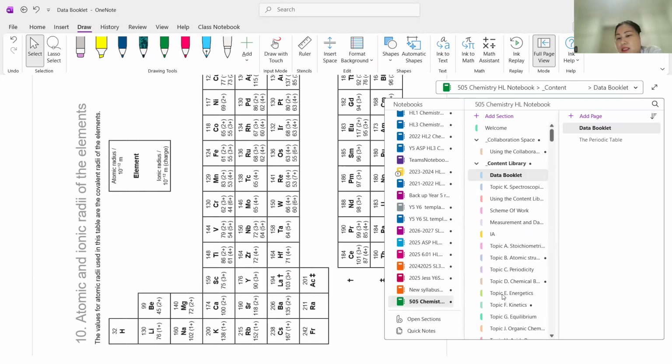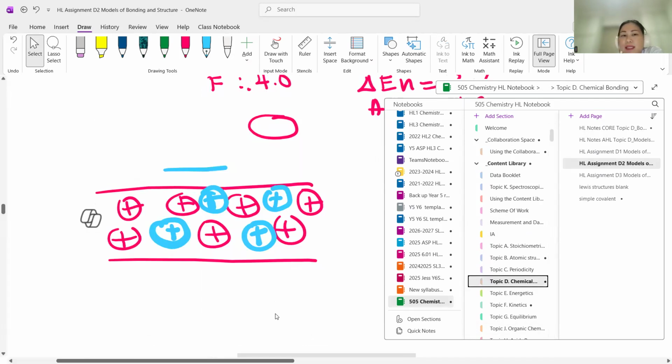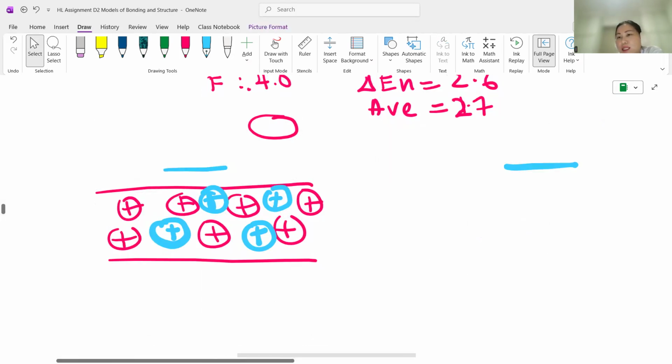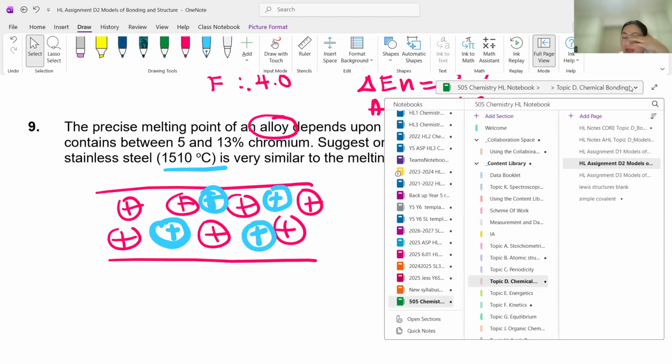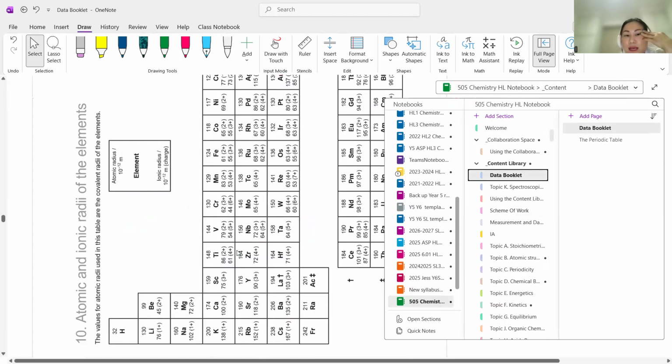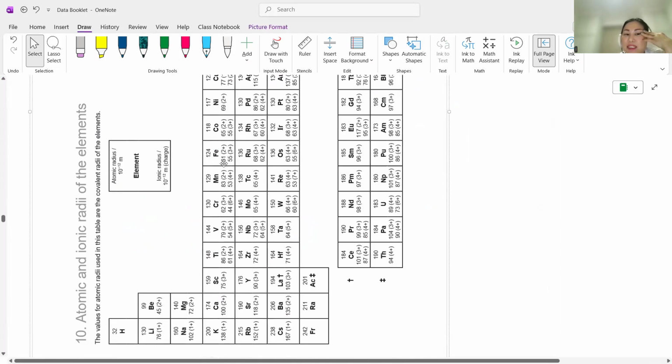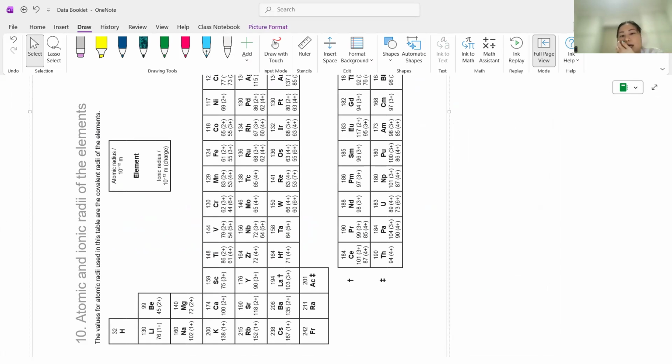The main reason for that is that we find the ion sizes are about the same. Remember, they are cations in a sea of delocalized electrons, right? So if we go back to the data booklet and look at the ion size, this is 62 and this is 61. So the main reason why it is very similar is because chromium and iron have very similar radius.